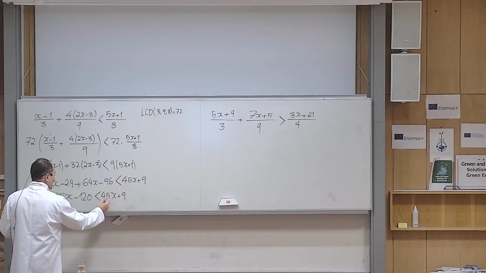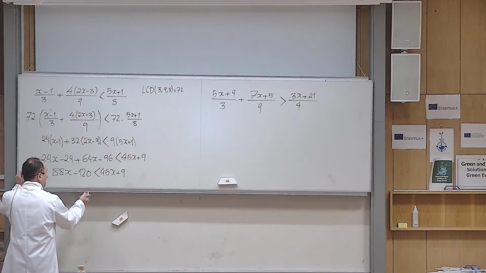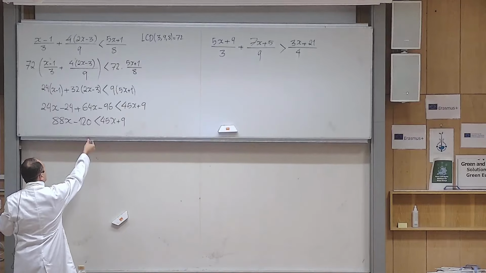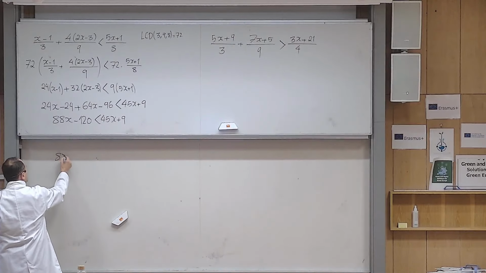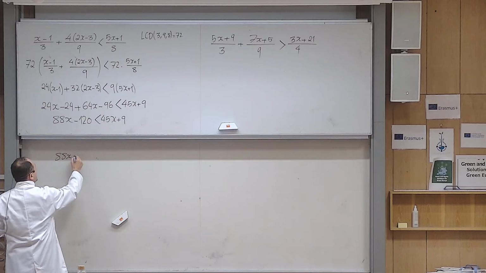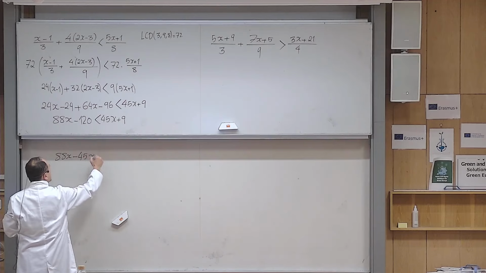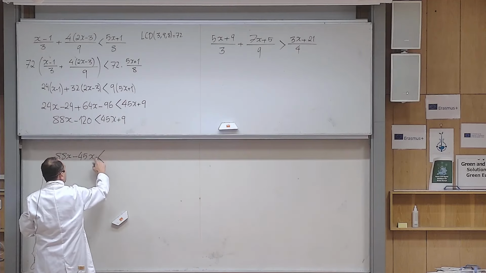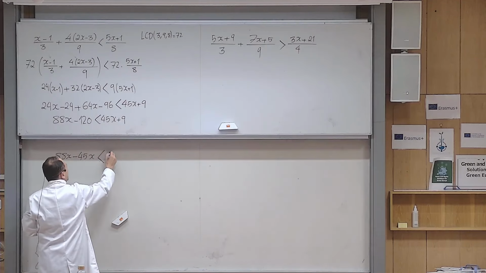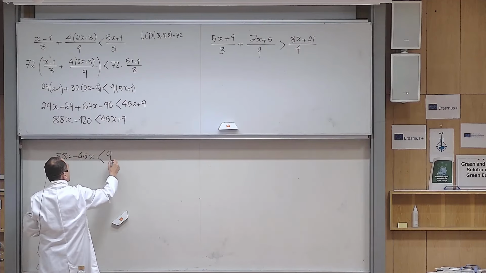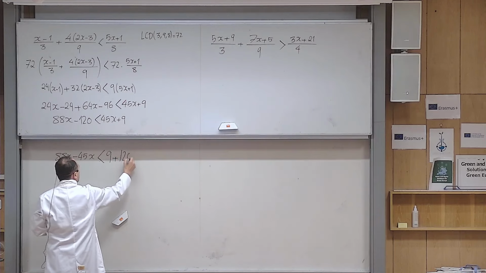And now you know that I move the unknowns to the left. So I have 88x on the left, and I move 45x to the left as well. It becomes 43x. The sign is less than, and then 9 is already there. I move my 120 to the other side, so it becomes positive 120.